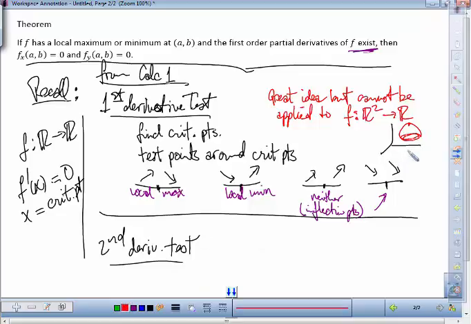So if you try this in a three-dimensional surface, what's happening? This picture that I drew is a local maximum. So why can't we use a first derivative test where we have a point and then we have this candidate?